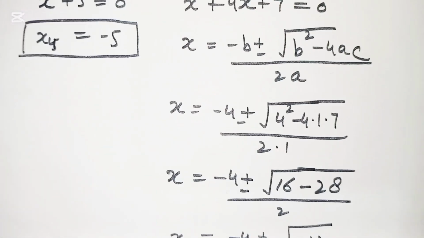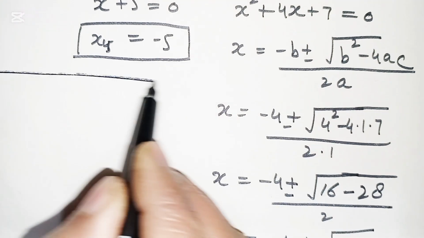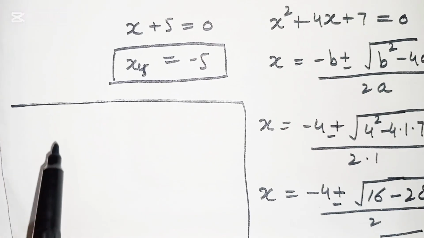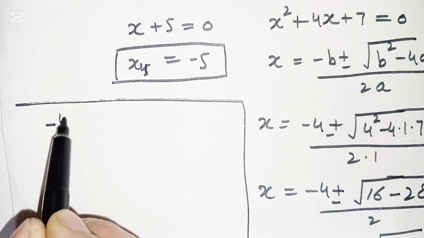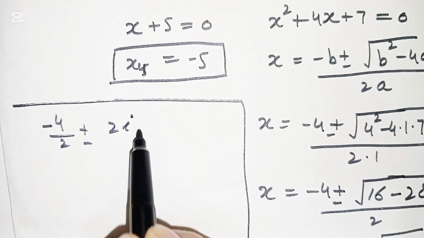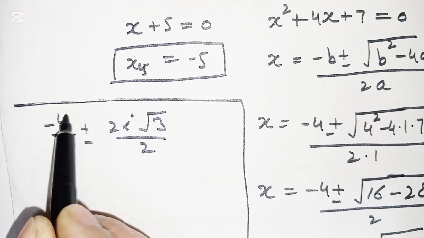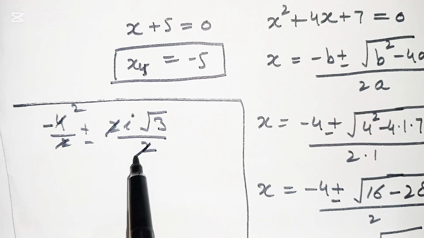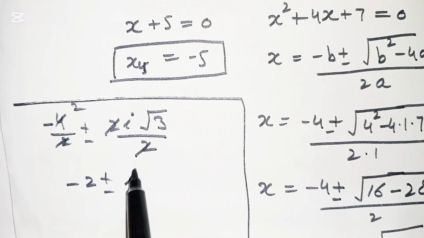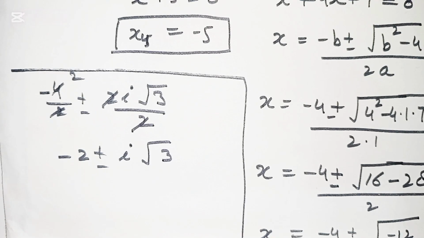So here is minus 4 over 2 plus minus 2i square root 3 over 2, and this 4 divided by 2 is equal to 2, and this 2 cancelled out this 2, and then minus 2 plus minus i square root 3.